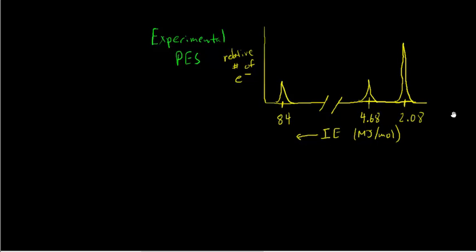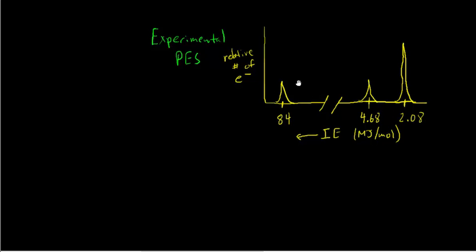If we look at this spectrum, we see that it has some similarities to our predicted spectrum. We have a tall peak, most of the electrons at 2.08 megajoules per mole, and that is as predicted. But there's a major difference, and that is that we have 3 peaks instead of 2. So now we have to figure out what electrons these correspond to.